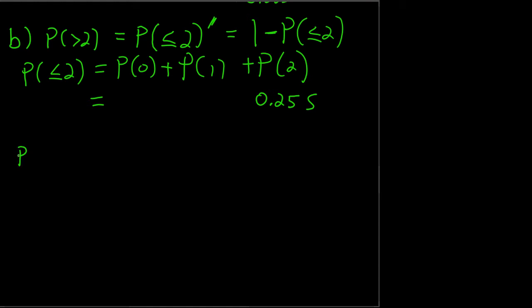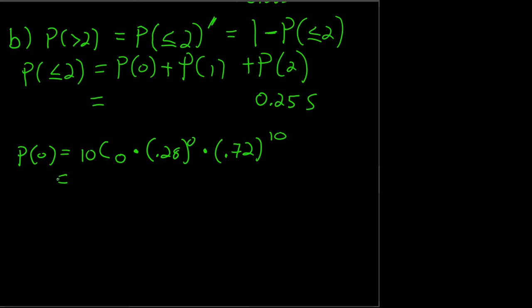So if I look at the probability of 0, that was going to be 10 C 0 times 0.28 to the 0 times 0.72 to the 10th. And so I can up arrow on the calculator and replace the number 2 with 0 in each of the places it shows up, and replace the 8 with 10. And that gives me a probability, again, to 3 decimal places of 0.037.